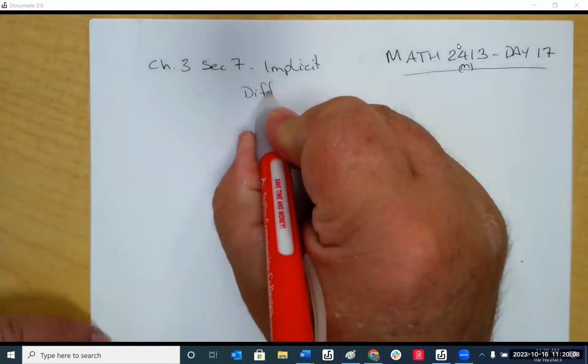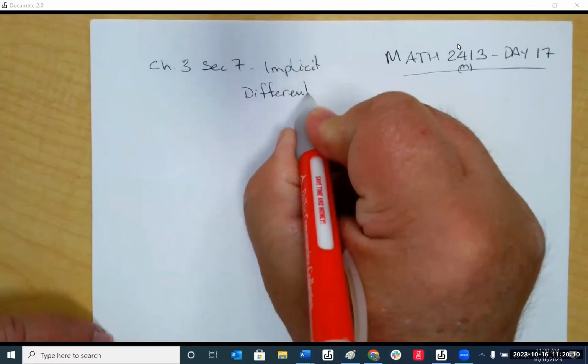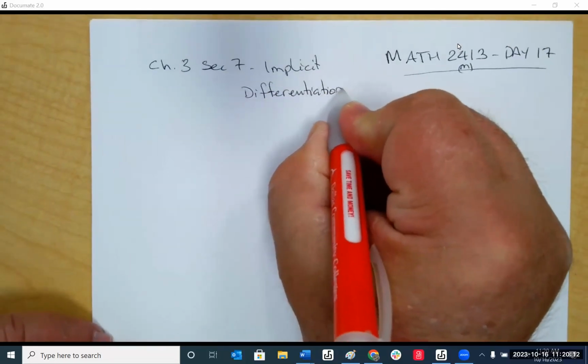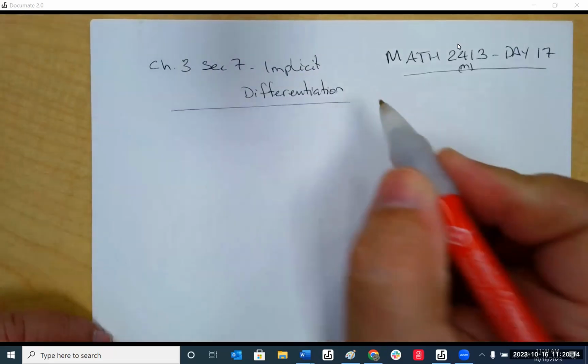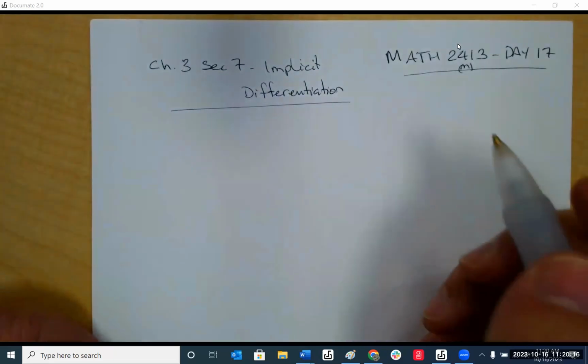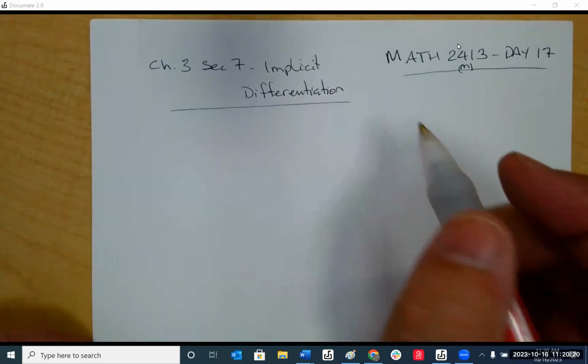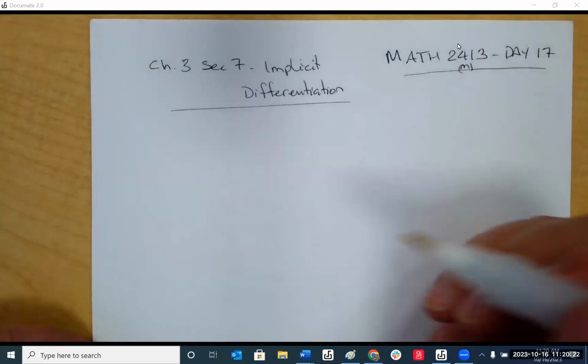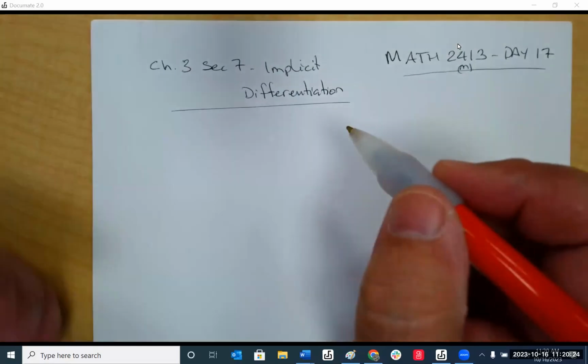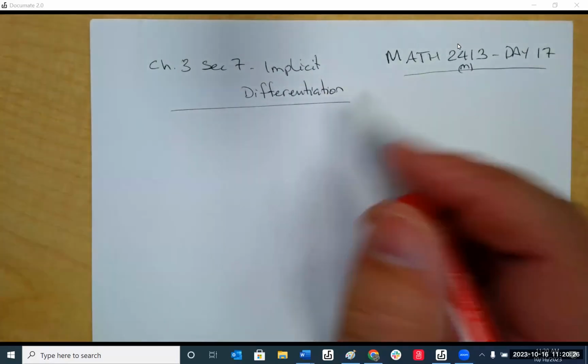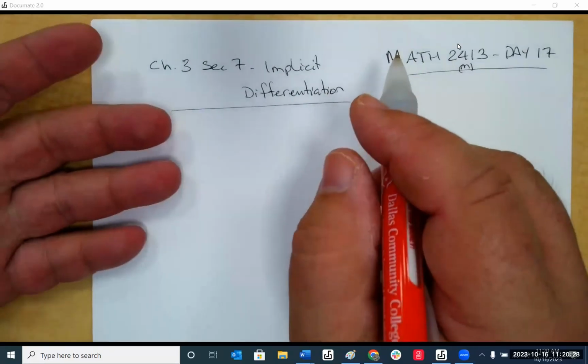We're doing implicit differentiation. What implicit differentiation means is, up until now, we've always differentiated with respect to x. Now we can differentiate with respect to both x and y.